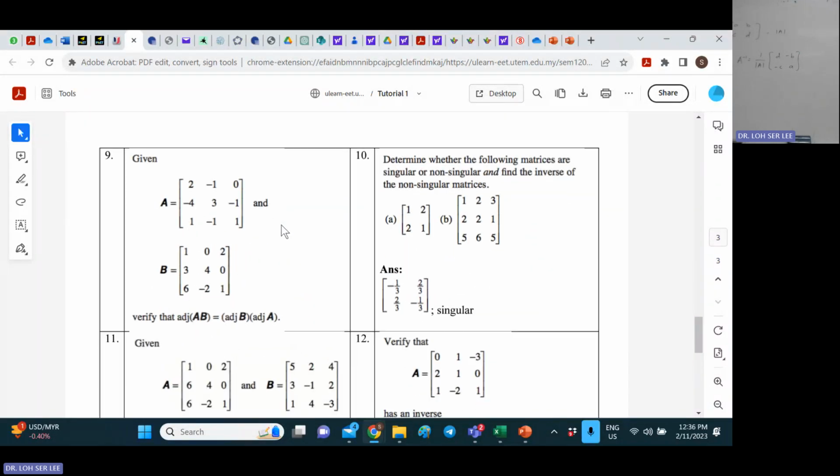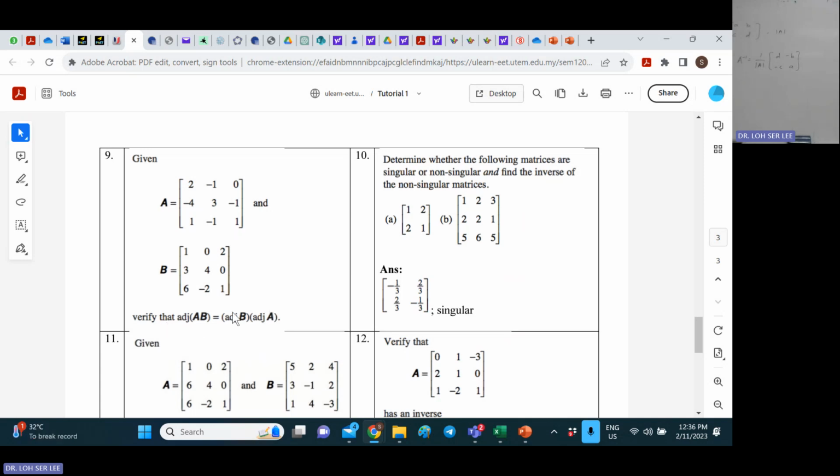Okay, for this number 9, verify the adjoint of AB. So you have to find A times B first to get the matrix AB. Let's say C is AB. Then for the matrix C you need to find the adjoint, and you will get one answer.